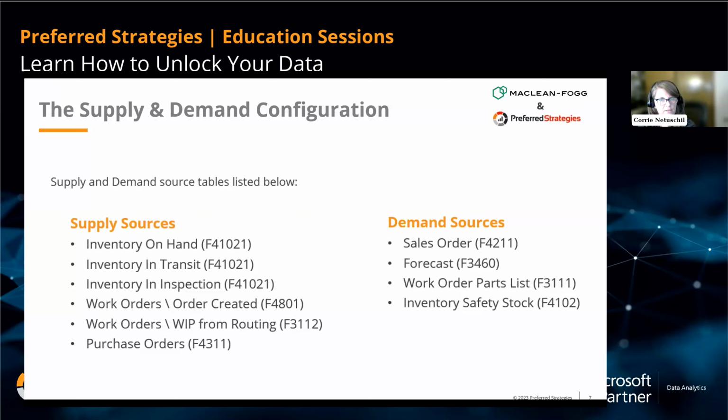And so what we let you have the option to do is say that when the work order status is not on the floor, supply is going to come from the work order header. So that could be like the quantity ordered or the quantity ordered minus what's been shipped. But once everything's out on the floor, we give you the option to say that the supply quantity really is what's out in the route. So the WIP, right?